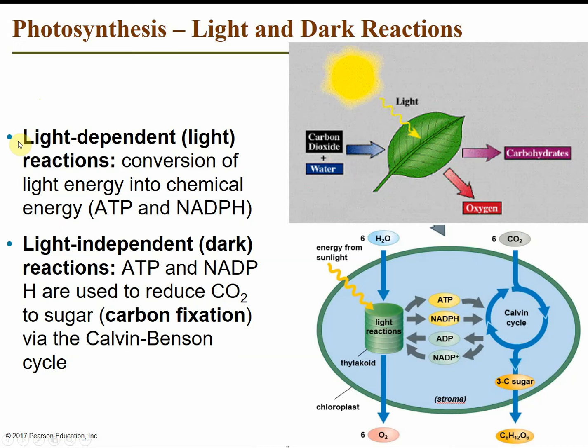The light-dependent reactions, sometimes just called the light reactions, involve the conversion of light energy, electromagnetic radiation energy from sunlight, into the chemical energy of ATP and NADPH. Light-independent reactions, sometimes referred to as dark reactions, even though they don't necessarily have to occur in the dark, are just independent of light being present.